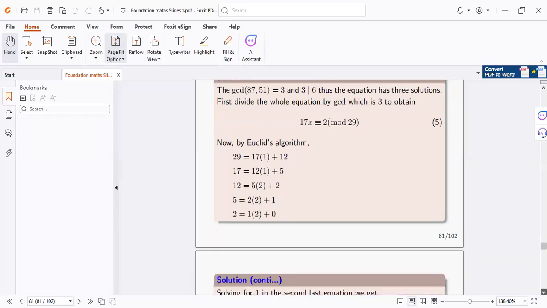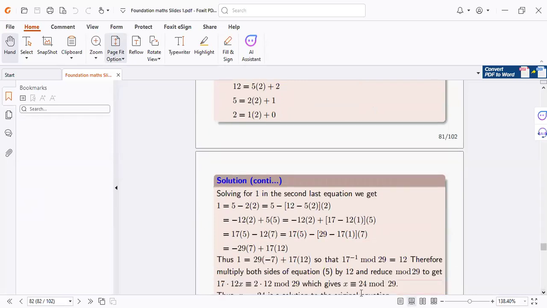So I'm making 1 the subject of the formula, and you arrive at this, which you then just rewrite to mean 1, and you want to maintain this 29 to be positive. And so I'll have -7 there, and then plus 17 multiplied by 12.